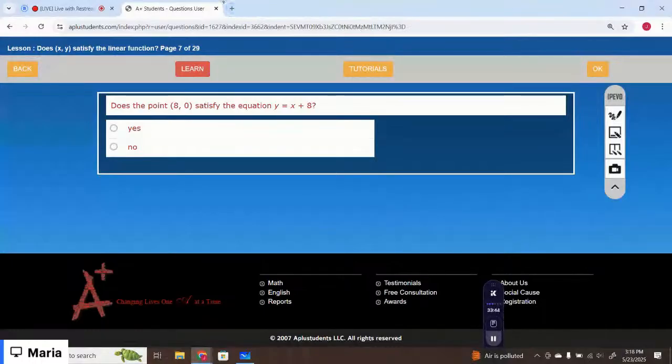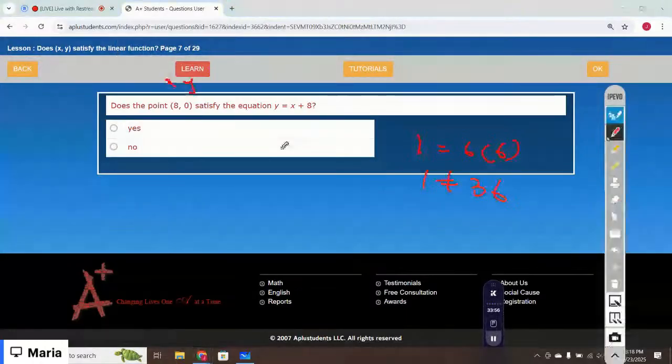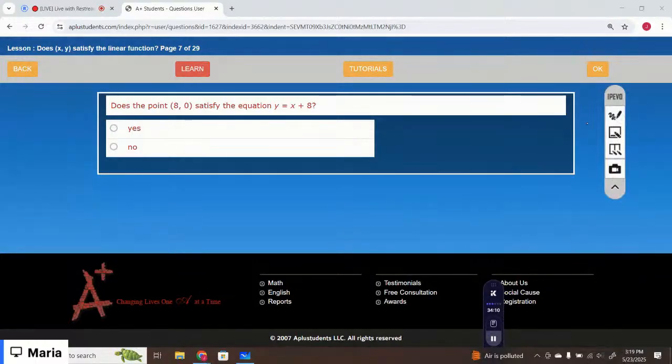Does the point (8, 0) satisfy the equation y equals x plus 8? X is 8, y is 0. Does 0 equal 8 plus 8? The correct option is no, option number 2.